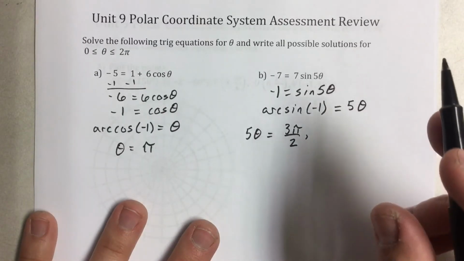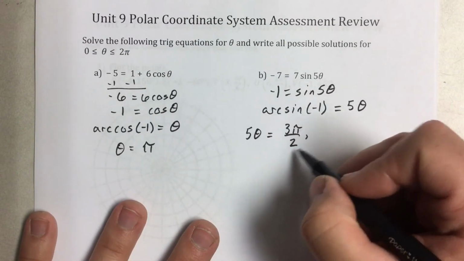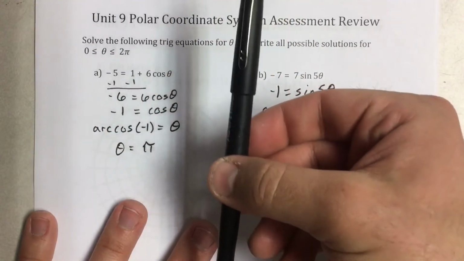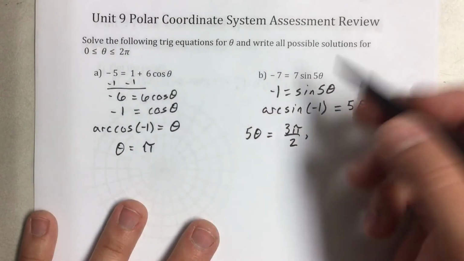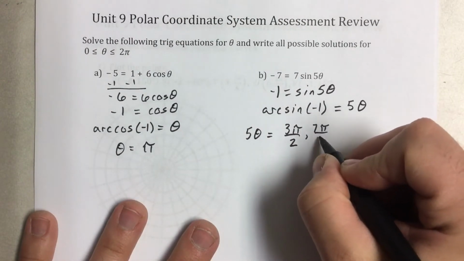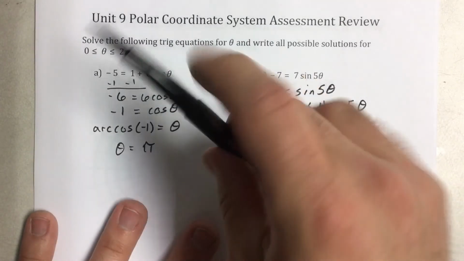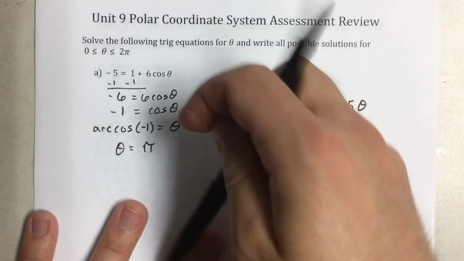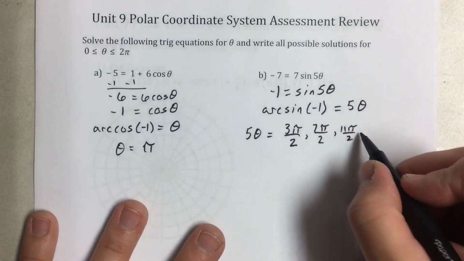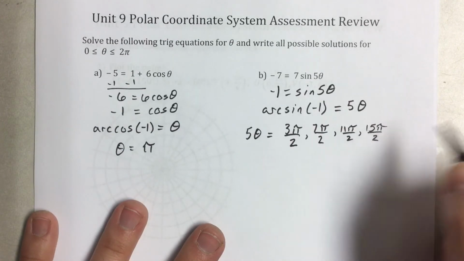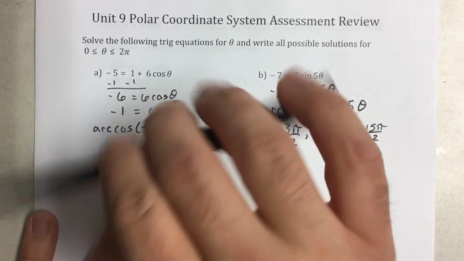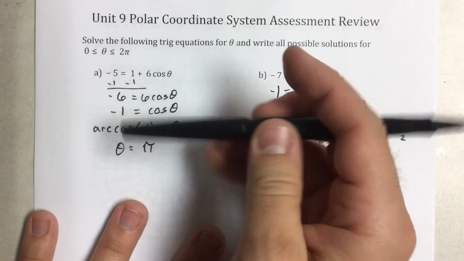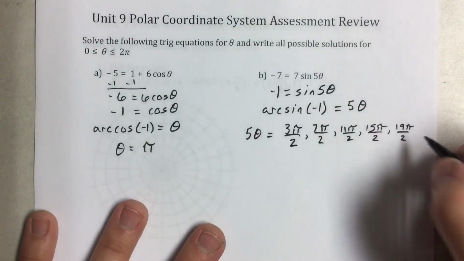Making 1 full rotation, that's 3 pi over 2, 7 pi over 2, 11 pi over 2, 15 pi over 2, 19 pi over 2, what would the next one be? 23 pi over 2.